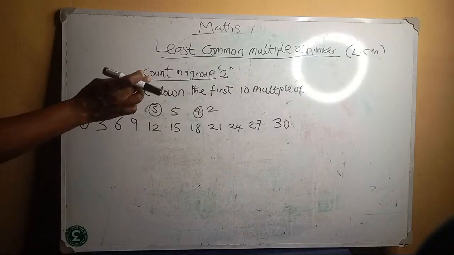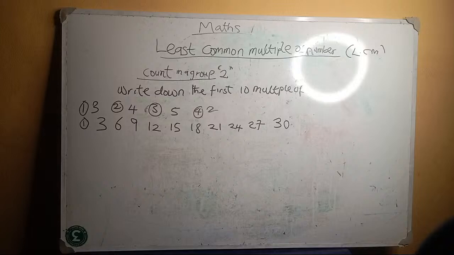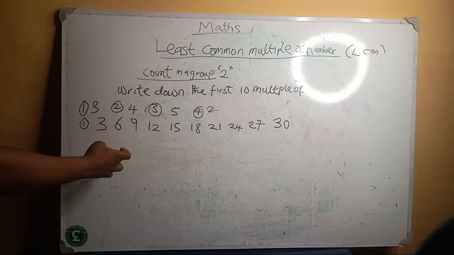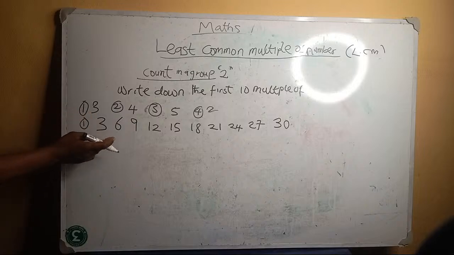For you to solve it with your own understanding, like those in primary 1, primary 2, primary 3, who don't understand how I came across 6, 9, 12, what you need to do is to find the multiples of 3.